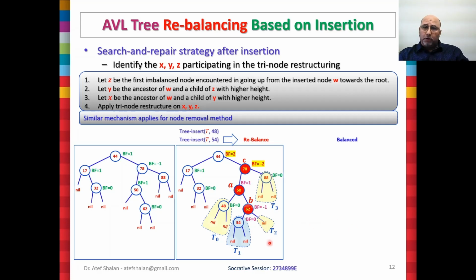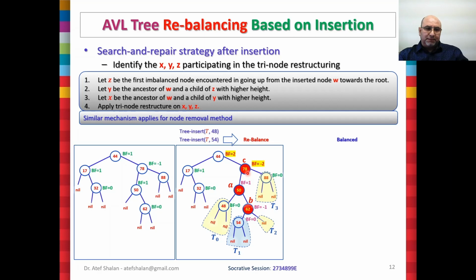Well, we notice now that T0 is this tree over here, which has a node 48. T1 is this one here, which has a node 54. And T2 is here, which is null or nil. And then the last one, T3, is node 88. So where are my A and B and C?